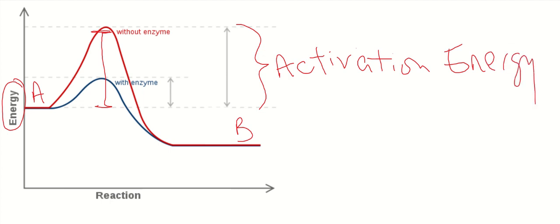Notice with an enzyme, it takes much less energy. That's what enzymes do. Because this reaction doesn't need as much energy to happen, it's going to happen faster. That's how enzymes speed up reactions. It doesn't give it energy, just makes it easier for the reaction to happen.